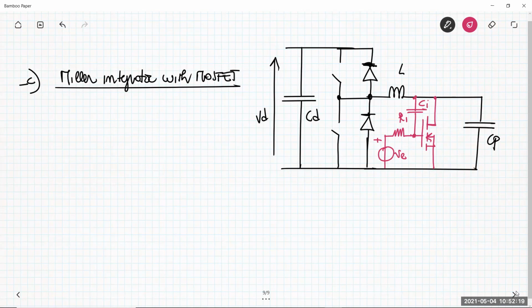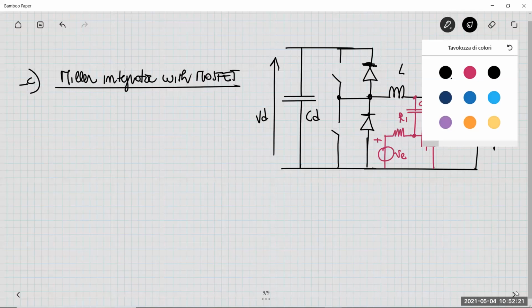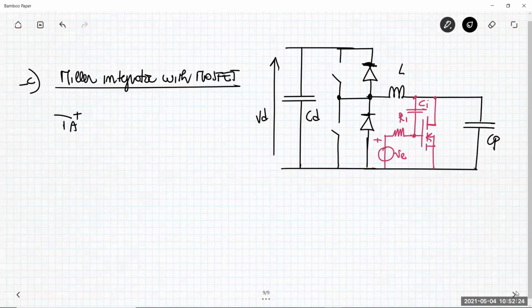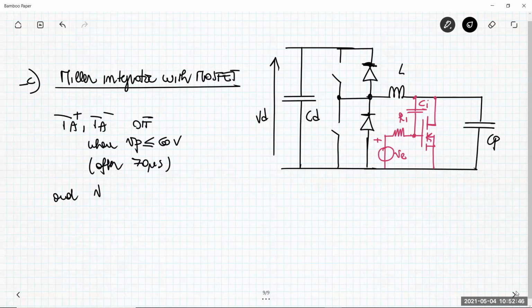Okay, so as usual, TA plus and TA minus off when VP is less than 60 volts, so after 70 microseconds, and VE is a voltage VE in the same time interval.